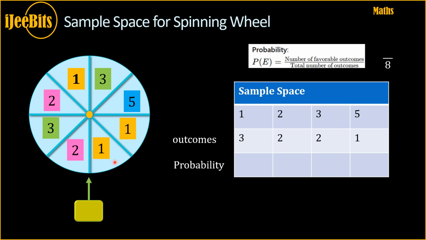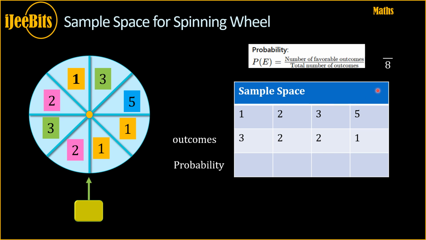But the probability of getting 1 would be your favorable outcome. There are 3 possibilities for getting 1 because we have 3 instances. How many total outcomes do we have in this case? 1, 2, 3, 4, 5, 6, 7, 8.